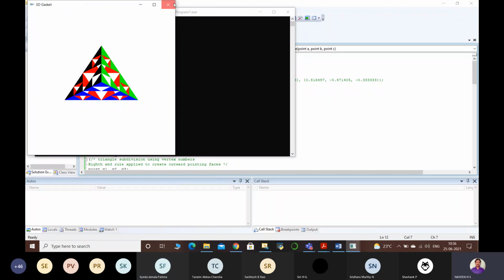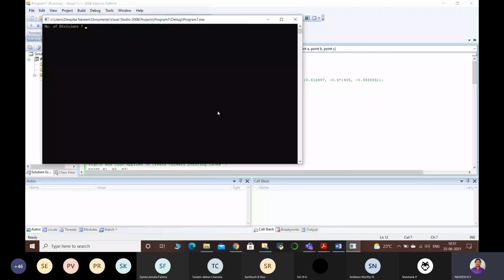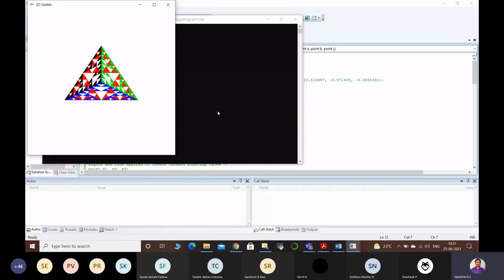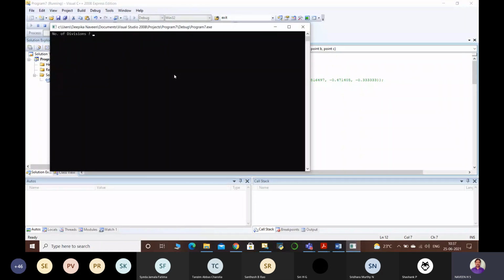Okay. So next I will give another input. M equals now 3. Fine. I'm going to give m equals 4.